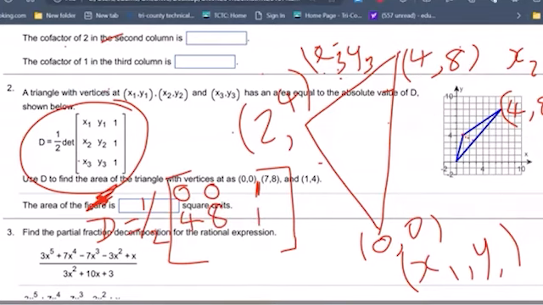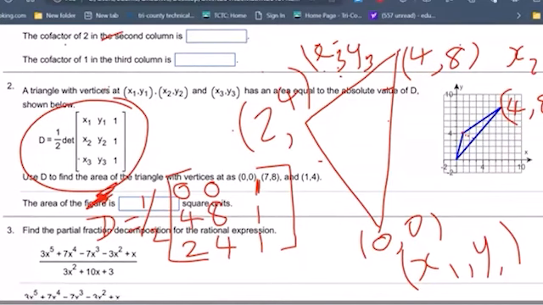For x3, y3, I have 2, 4, 1. Okay, now I can put all this in my calculator. But actually, I can find the area quickly. So we can do it by hand and then do it by calculator, and see if we get the same thing.